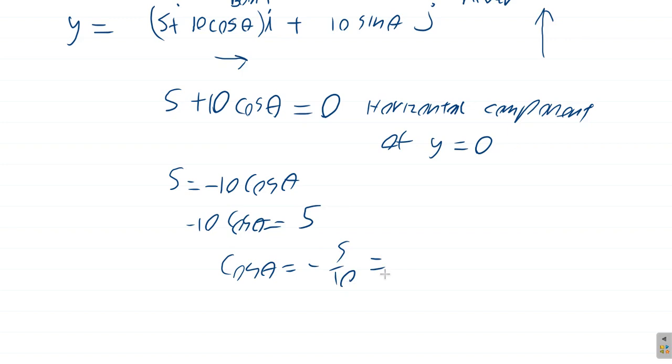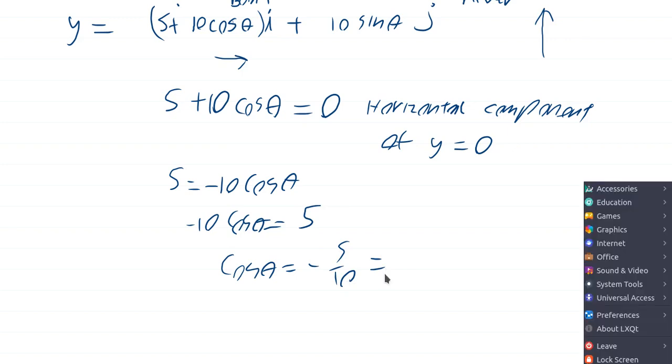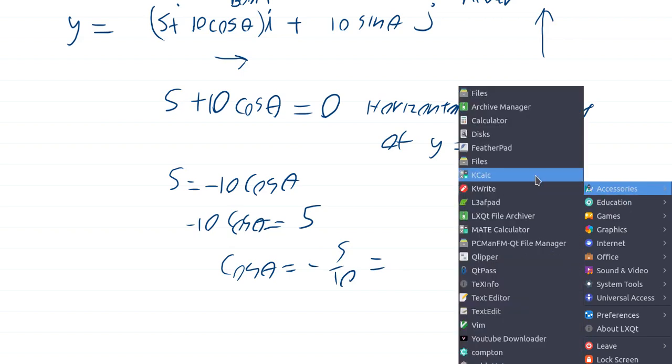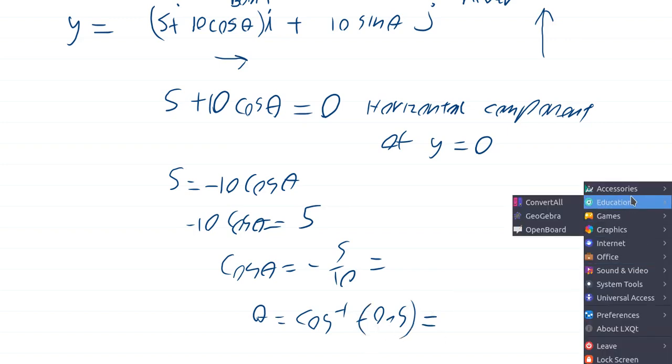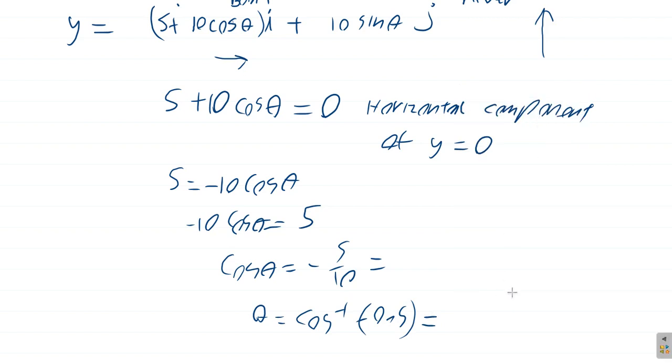So theta is equal to cos inverse of negative 0.5. What is the inverse cos of negative 0.5 again?